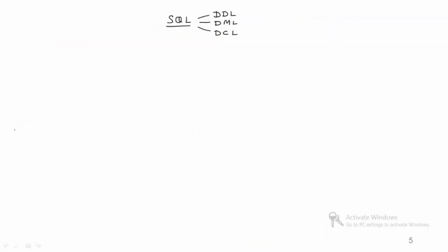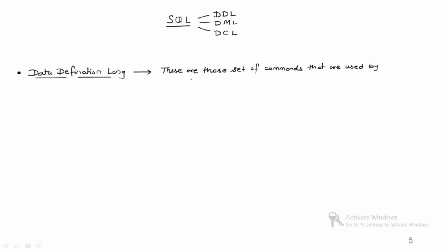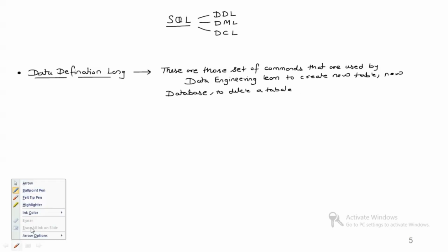Now, accordingly, these segments are divided. When we talk about data definition language, which is DDL, this is the set of commands and queries used by the data engineering team to create a new table, to create a new database, to delete a table or a database.